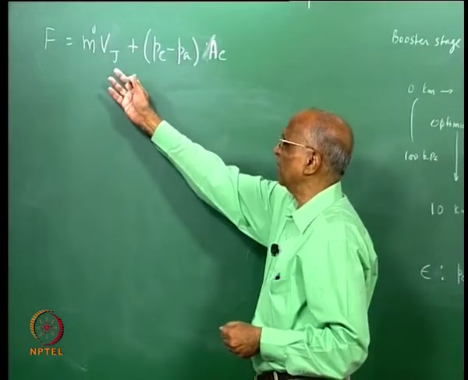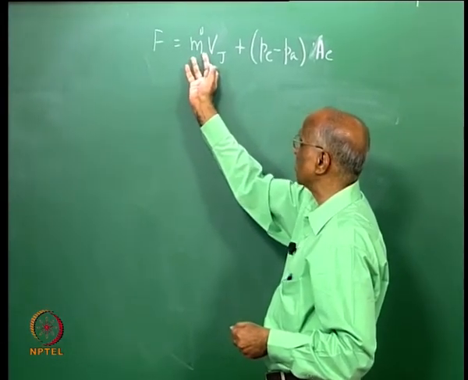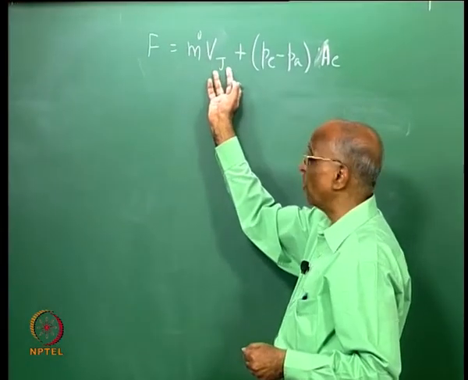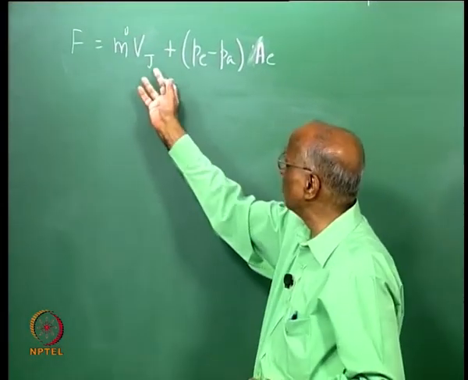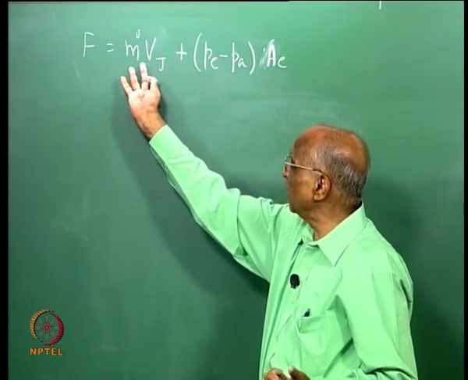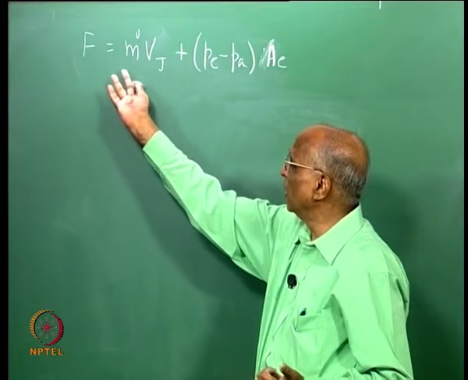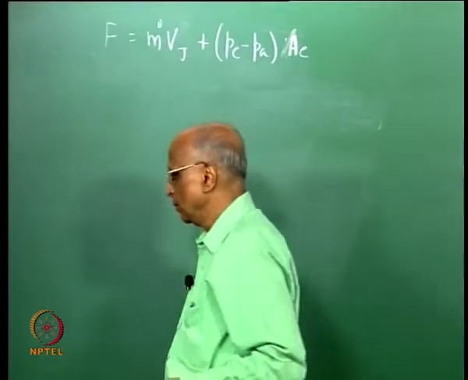I want to get the thrust developed by a rocket, therefore I need the expression for m dot. Vj we have already derived: 2 gamma over gamma minus 1 R Tc into 1 minus (P by Pc) to the power gamma minus 1 over gamma. Therefore, if I can derive an expression for m dot, I can find out the force which a rocket develops. Let us do that.